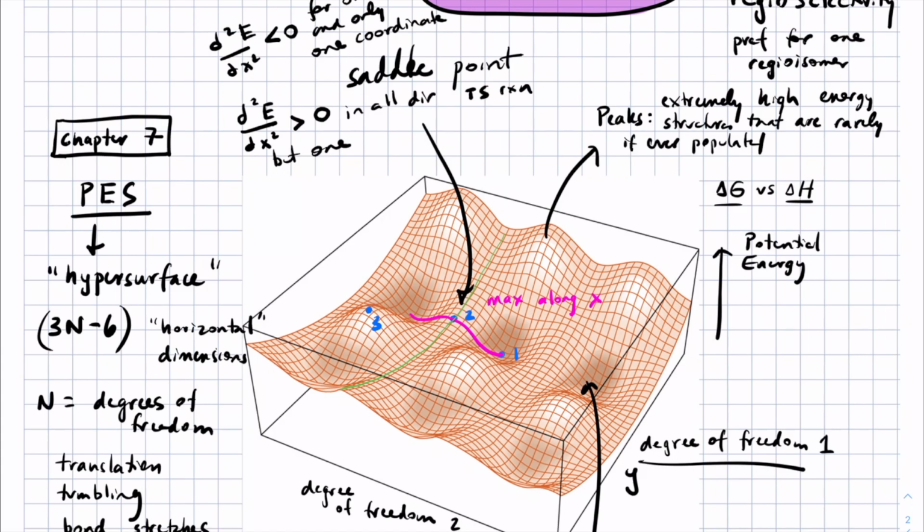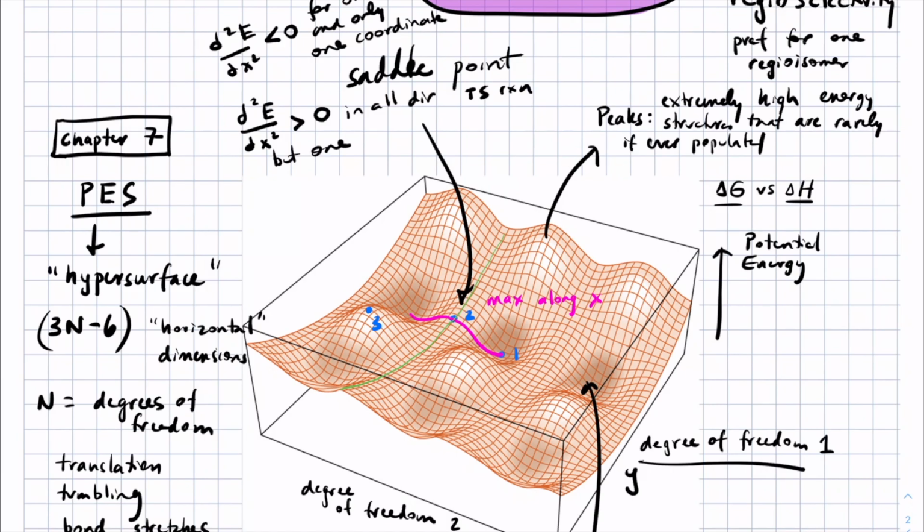That's not true. Humans like to climb mountains and we like to get over the peak. But molecules are going to traverse, on average, the lowest energy pathway from one valley to another. And the way you find that is you find something that's a maximum in only one coordinate and a minimum in all the others. Okay?